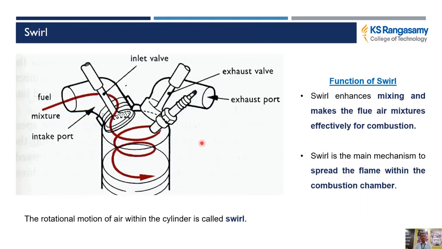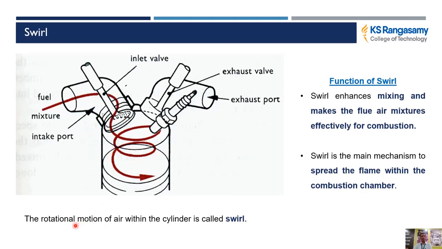When designing the combustion chamber, swirl is a very important parameter. From the diagram itself, you can understand that the red line denotes the motion of air from the inlet port into the cylinder, because the air is not static. The air moves because of the natural design of the inlet port, which makes the air swirl inside the combustion chamber.